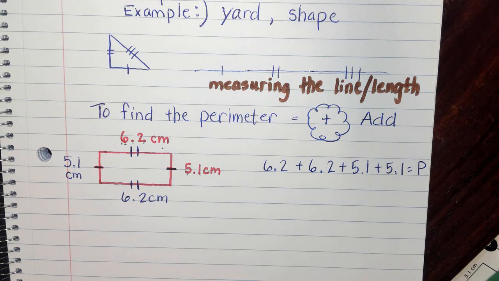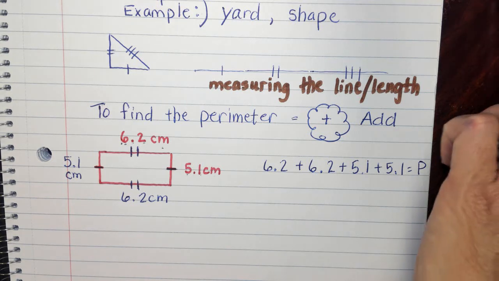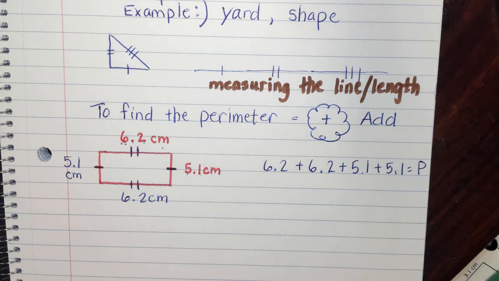What do you think, Hunter? Something I do if there's only two measurements, and I see that two of the four sides are equal, like on a rectangle, it only shows two measurements, so I add those two measurements and multiply by 2.